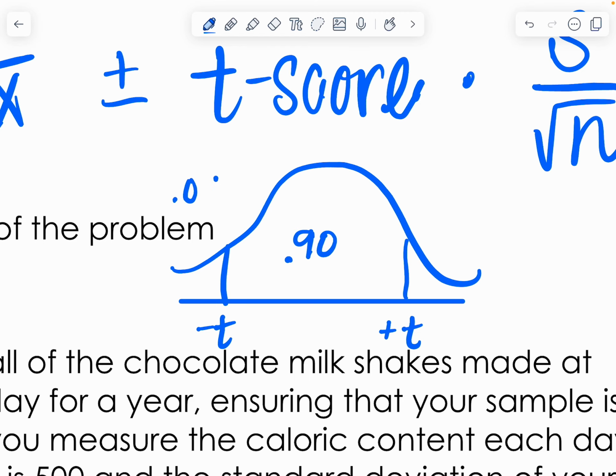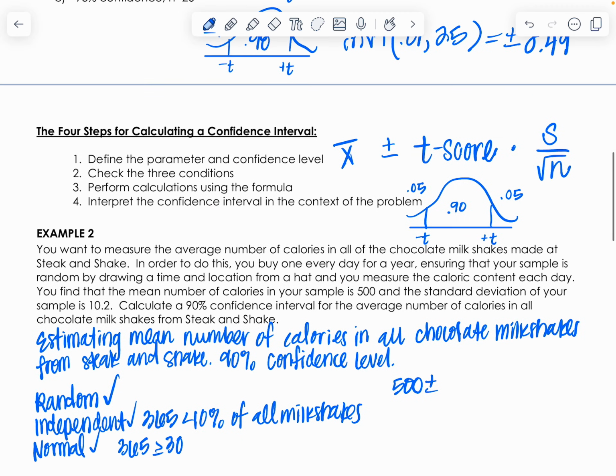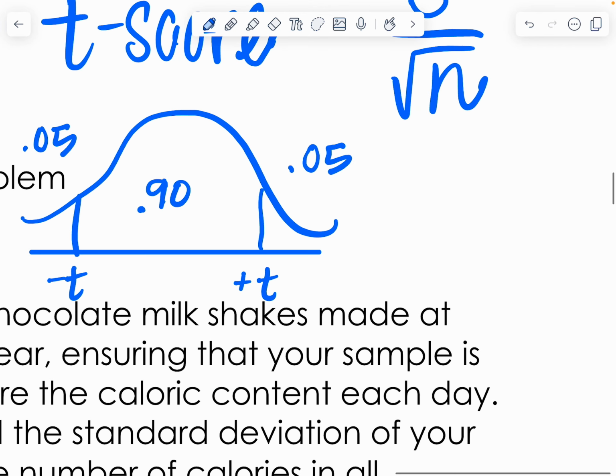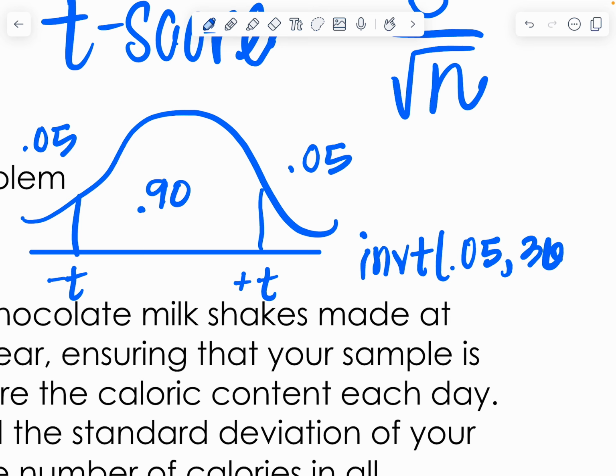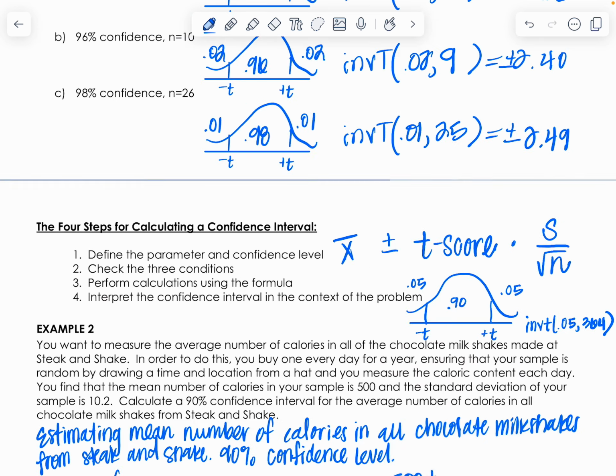Okay, so 0.05 and 0.05 are on either side. So we would put in inverse t 0.05 and 364 degrees of freedom.